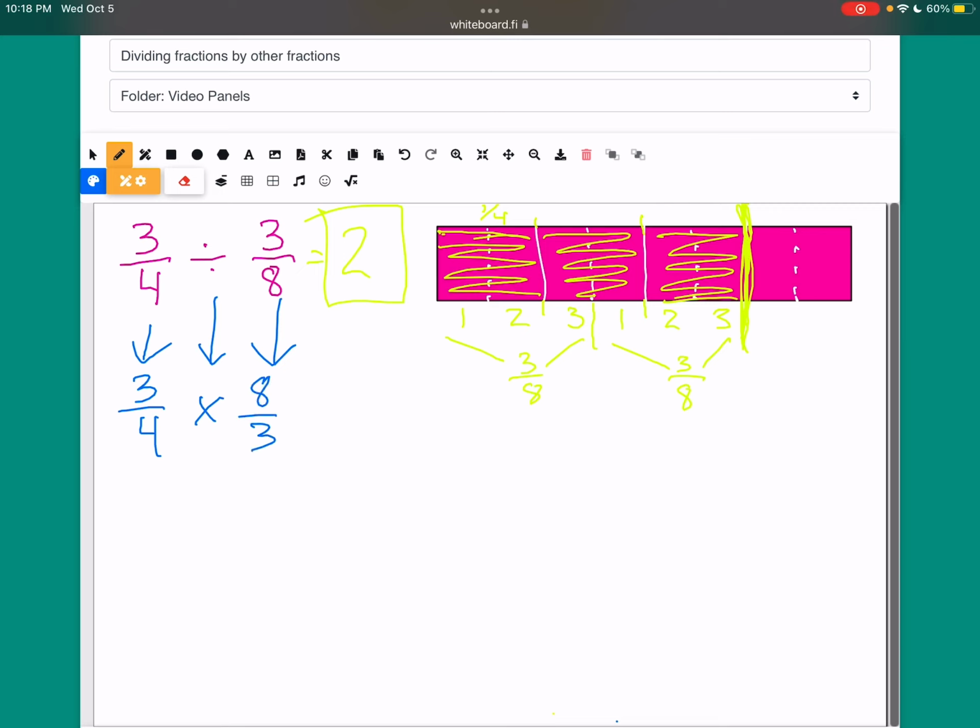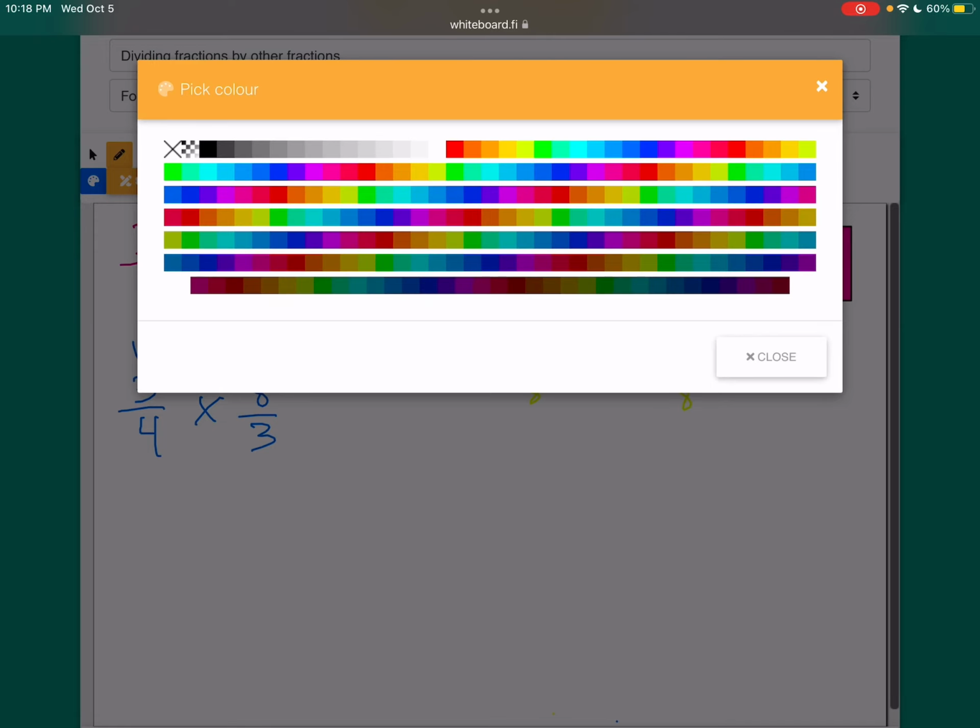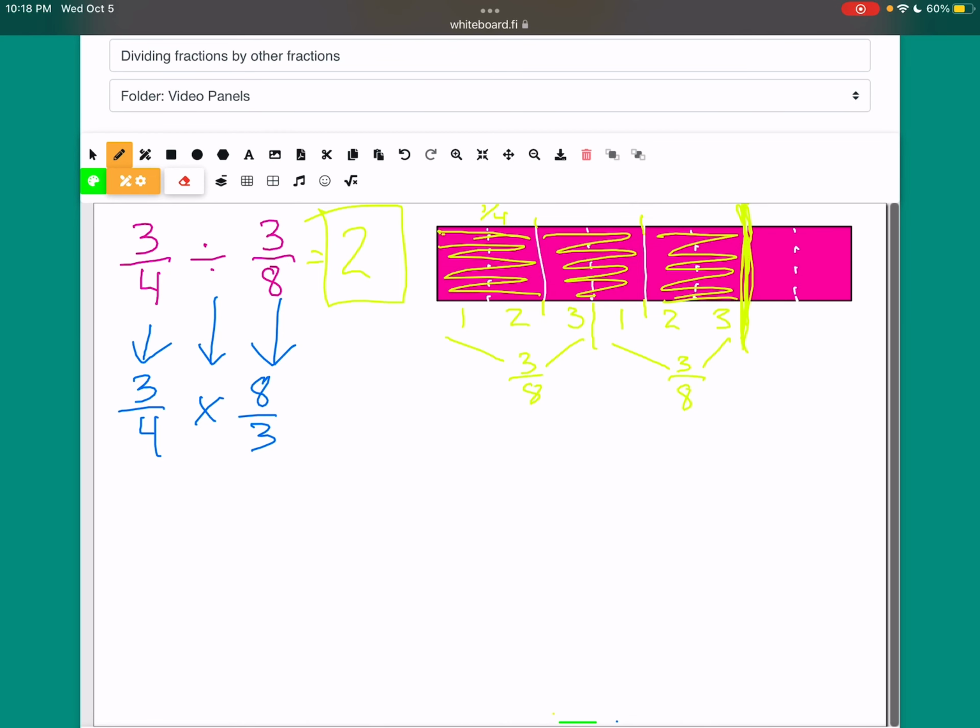And there is a lot of simplification that can go on here. Let's see, 3 goes into 3 once, goes into itself 1 time. 4 goes into itself once, and it goes into 8 twice. So our new problem is basically 1 over 1 times 2 over 1, which is 2.